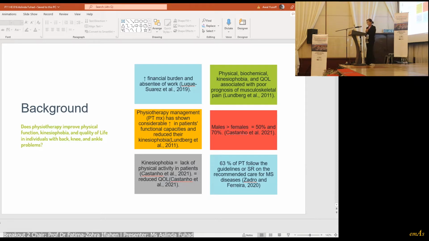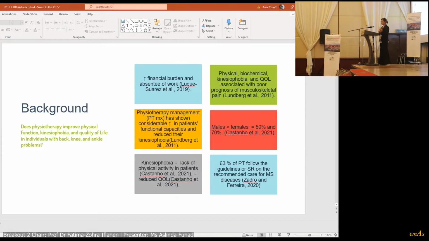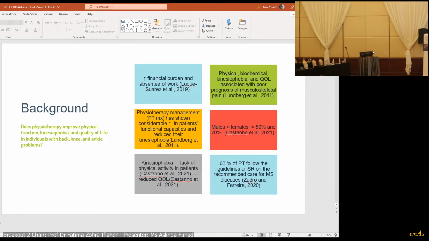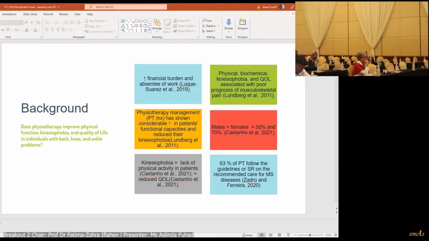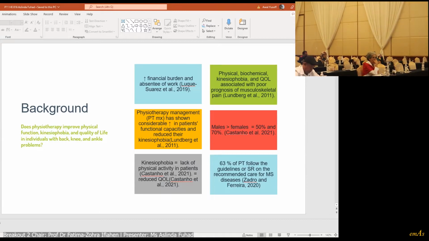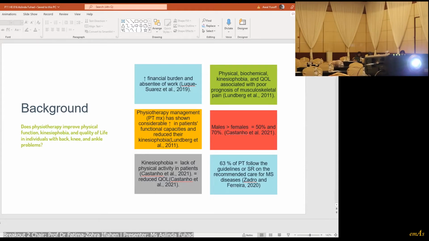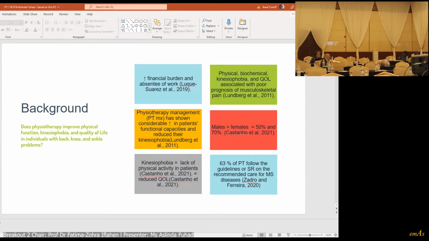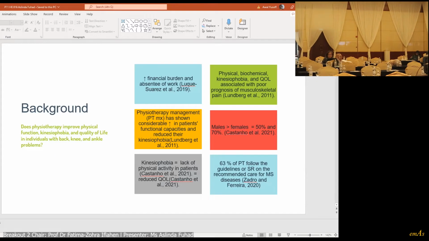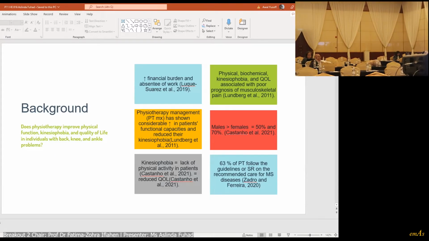Physiotherapy management has shown a considerable increase in patients' functional capacities and reduces their kinesiophobia. It shows that males actually suffer from kinesiophobia more than females, with a prevalence of 70% for males compared to 50% for females.